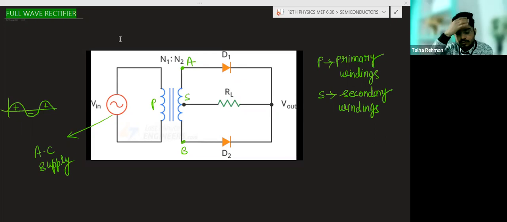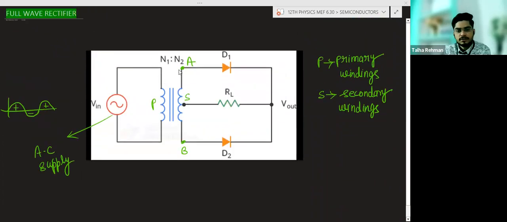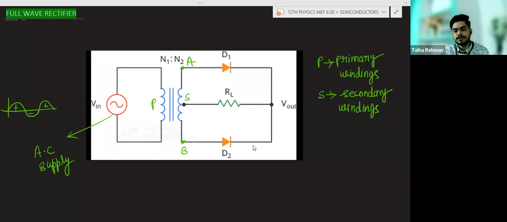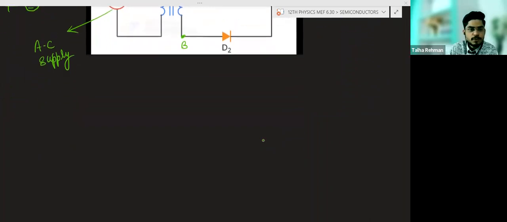Okay. So working, you can write the working. During the positive half cycle, this diode is forward biased. During the negative half cycle, this diode is forward biased. Means during the positive half cycle also, and during the negative half cycle also, we are getting the output. So how will the input and output be? The input will be like this.